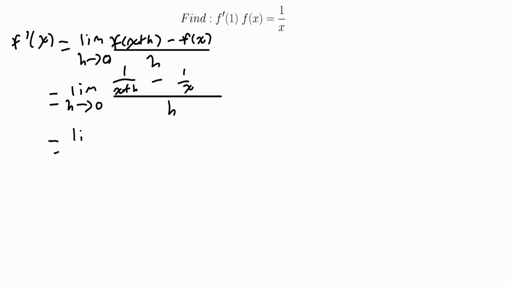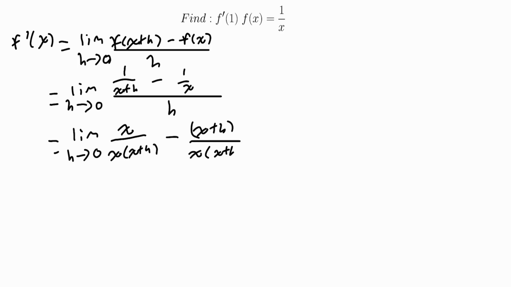So we have the limit as h approaches 0 of, and remember we have to multiply the top and the bottom, so x over x times x plus h minus x plus h over x times x plus h, and this is all over h.